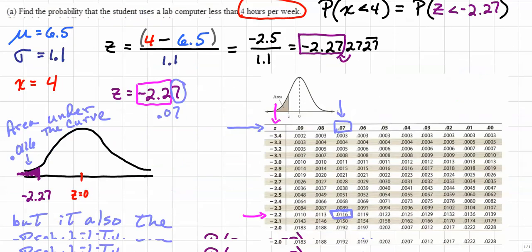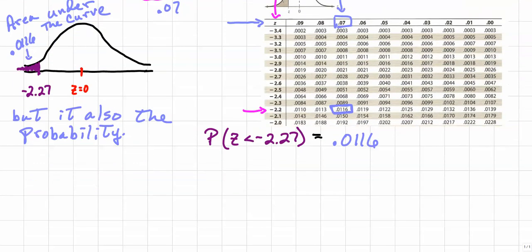So then we will go ahead and look at that and say, okay, where's 3 decimal places? When we round this, we're going to be rounding right here, and this value will increase that to a 2. We're going to round up, so this will be equal to 0.012. So the probability that a student spends less than 4 hours will be equal to 0.012, and that's the value that you will type into my stat lab.